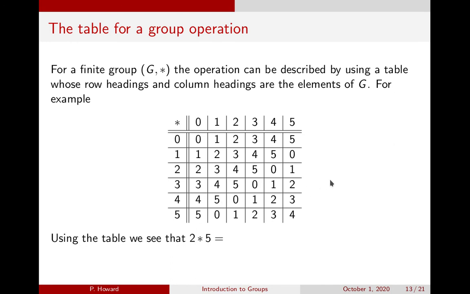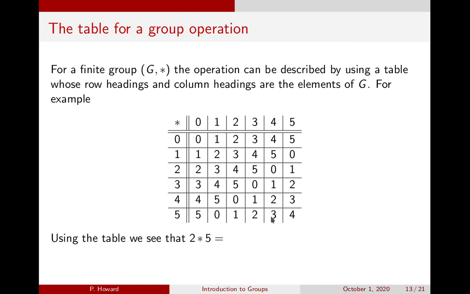So you probably know how this works. For example, to calculate 2 star 5, you find the row whose row heading is 2. You move over to the column whose column heading is 5, and the entry in that position in the table is 2 star 5.